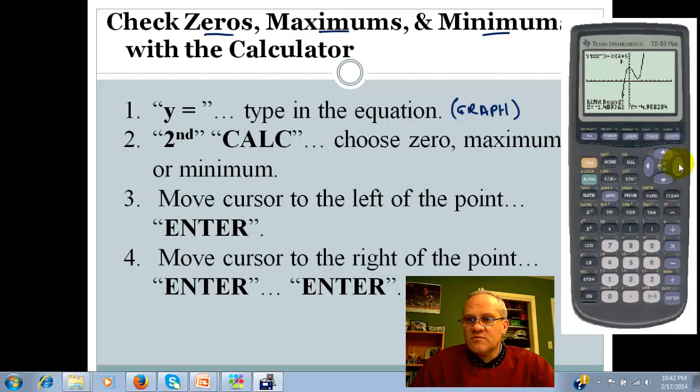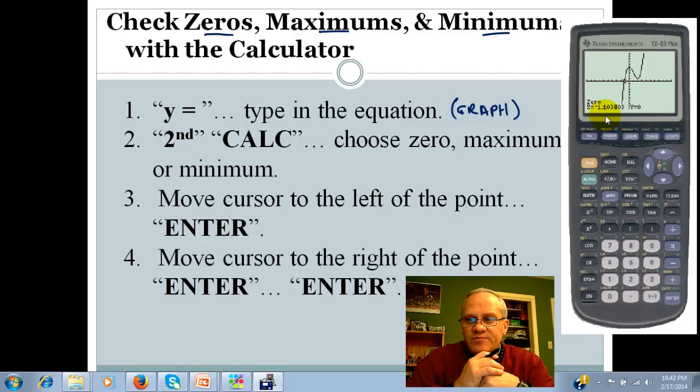Enter. Move it to the right, somewhere past there. Enter. Enter. And it will tell you you have a 0 at a negative 1.10, which is what it would round to if you went 2 decimal places. So not quite at a negative 1, but negative 1.1, basically, very close to that. So that's how you could find out more precise values using your calculator.